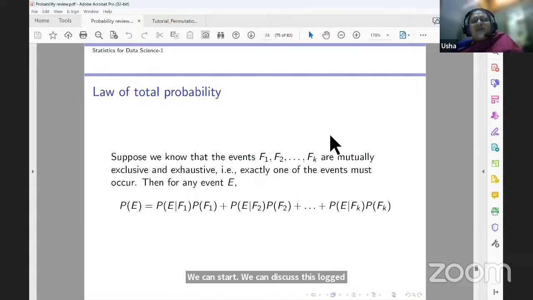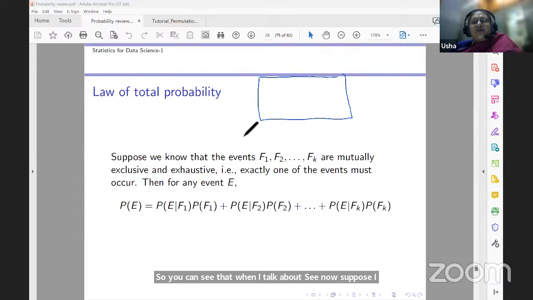Okay, so now suppose I have an event here. I decide that I have two mutually exclusive events.